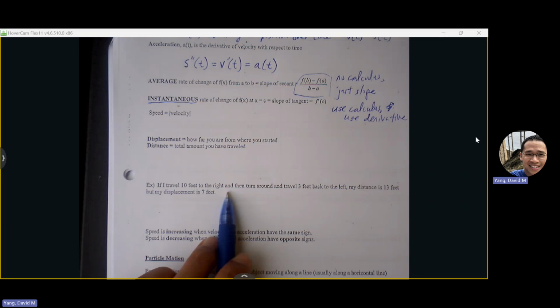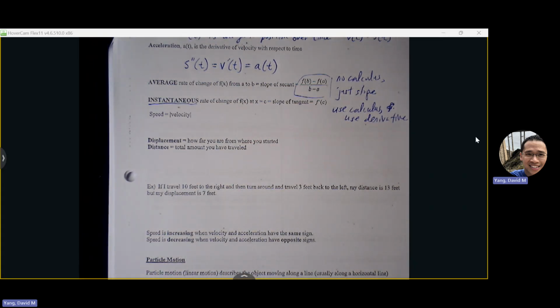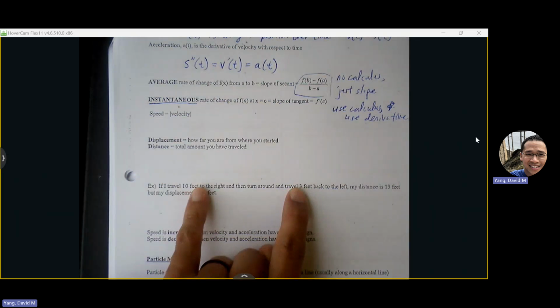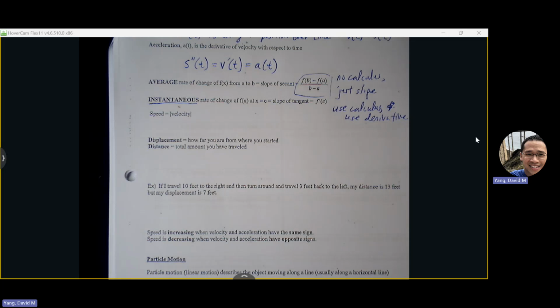Because the forward progress that I made is only 7 feet. But my distance is 13 feet because, let's say one step is 1 foot, I would take 13 steps. So 13 steps is the distance, but displacement is how much progress you've made from your starting point to your ending point.